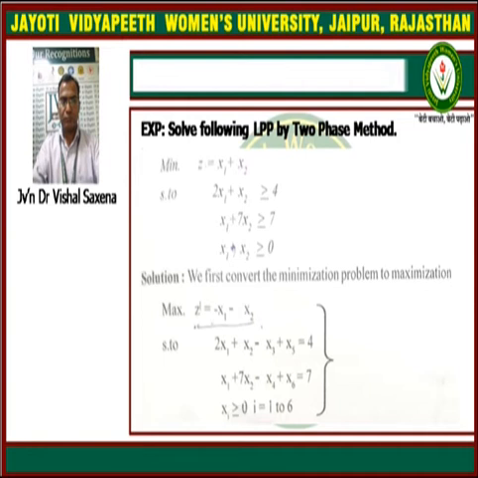Here we will use the variables x3, x4, x5 and x6 in the constraints. The constraints are given in inequality form, and to make them equations we use the variables x3, x4, x5 and x6. Here x5 and x6 will be the artificial variables.